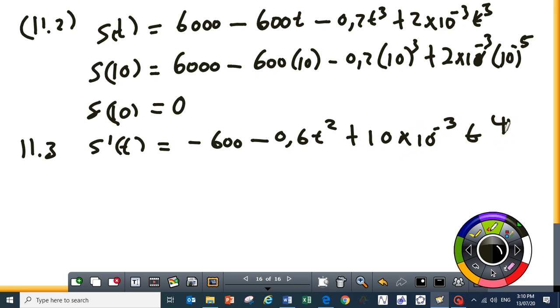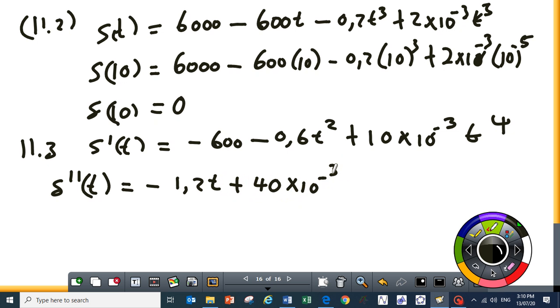So here, we just need to find the derivative of that. That's s double prime of t. That would be minus 1.2 t. Then 4 times that will give me 0.04, so that will be plus 40 times 10 to the power of minus 3 t cubed.